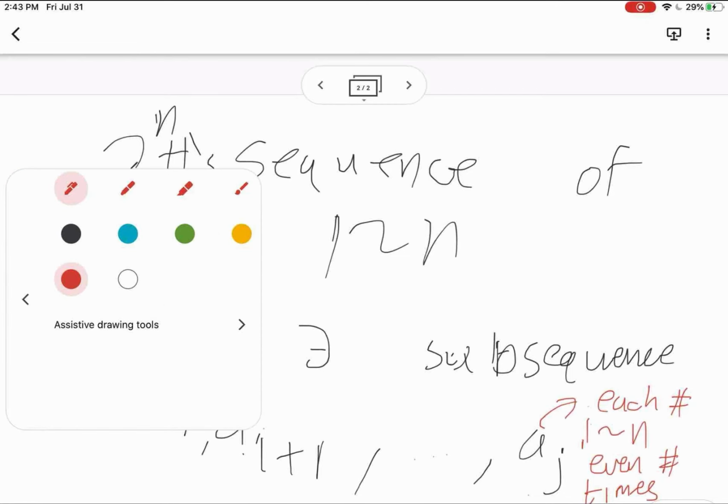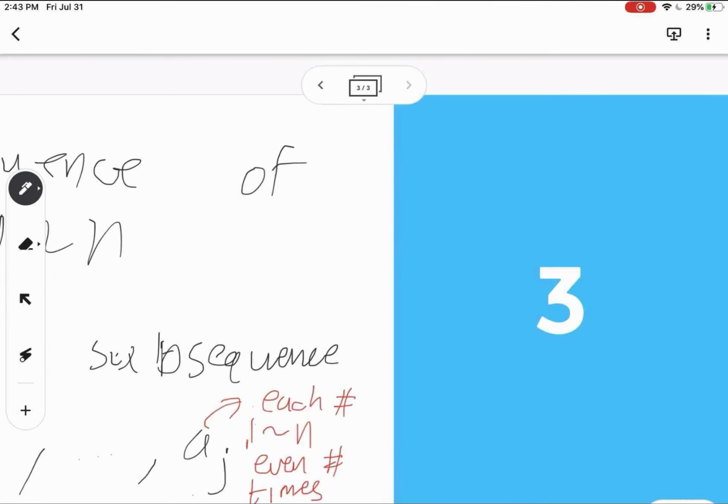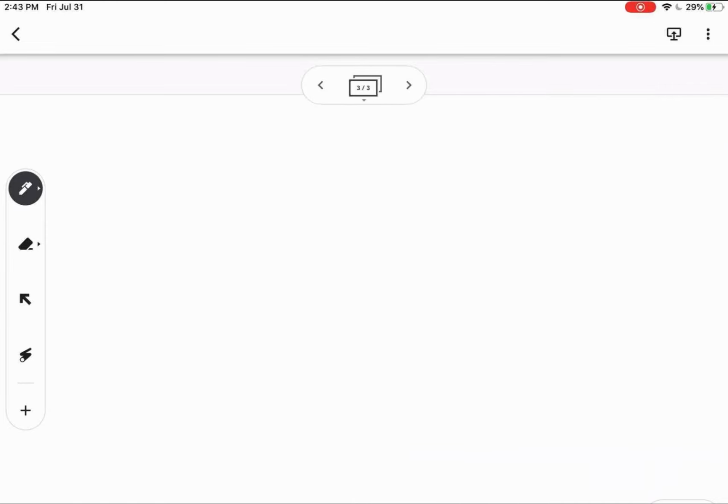So how do we do this problem? Well, we want to use some kind of pigeonhole, right? So the idea is you want something like a partial sum, but here we're not actually using a partial sum. We're counting the number of times each number has appeared, right?